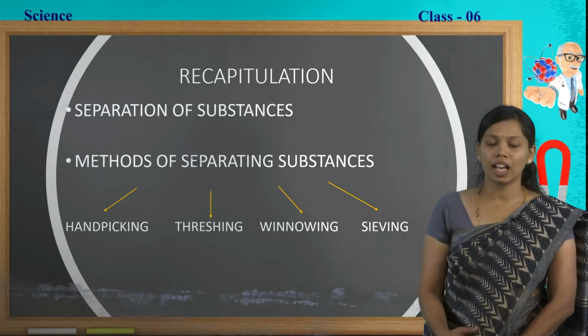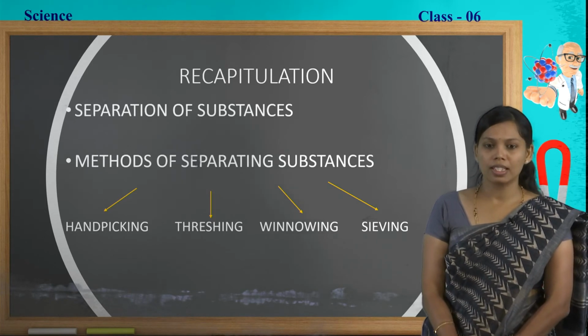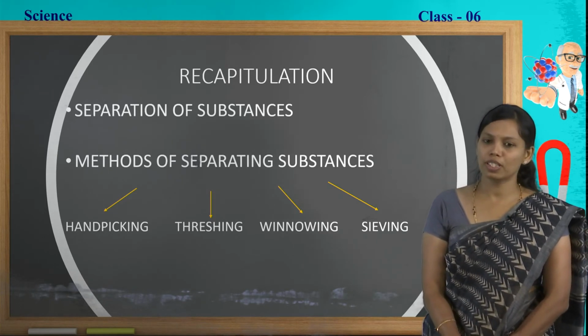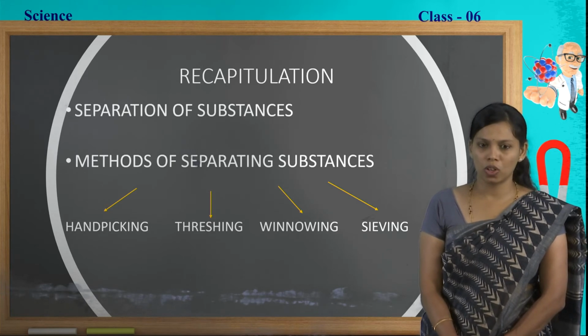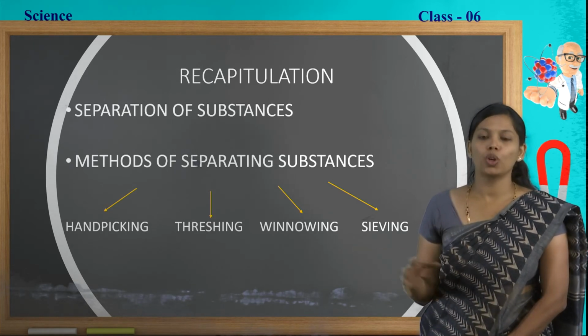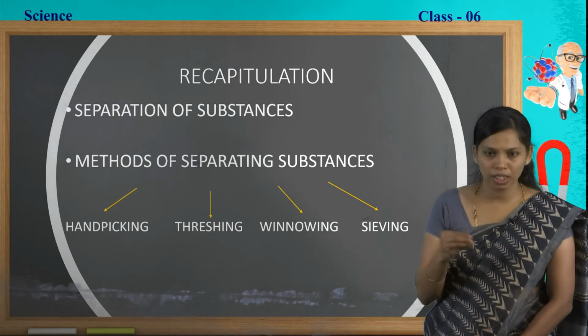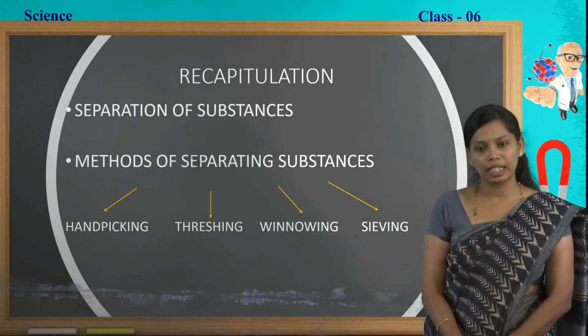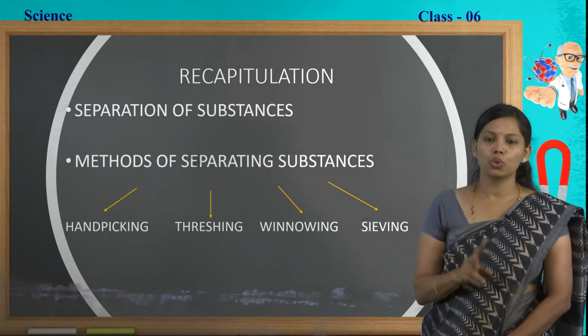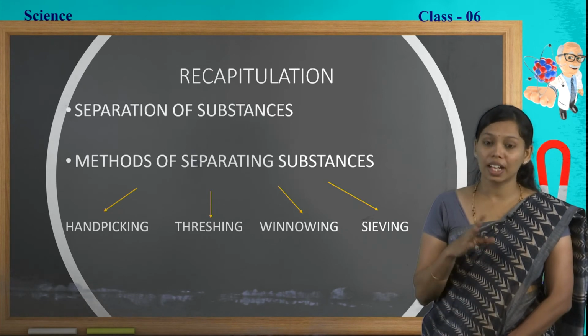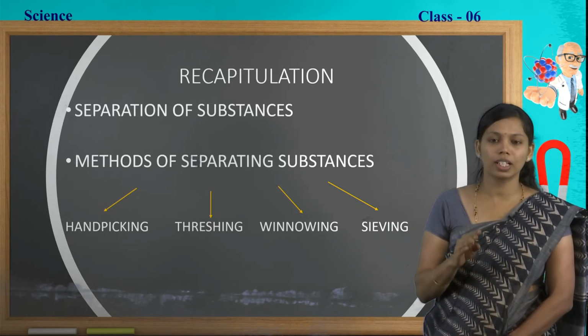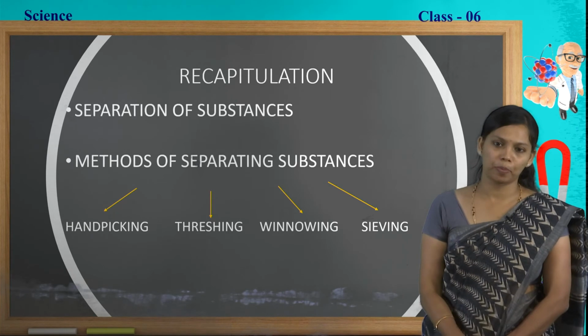After that, we discussed why we should separate substances: to remove the non-useful components, to remove the harmful components, and finally to separate two useful components, but they are different from each other, and we use them in different ways.